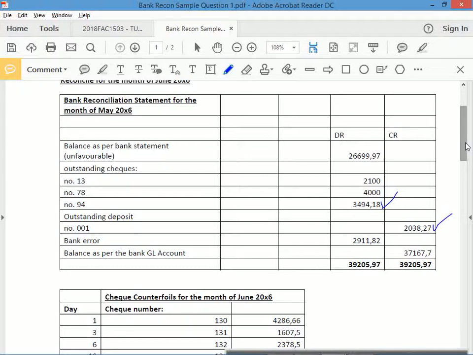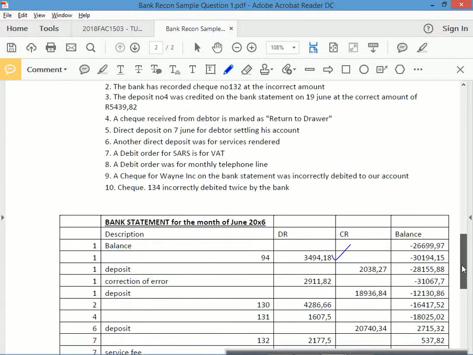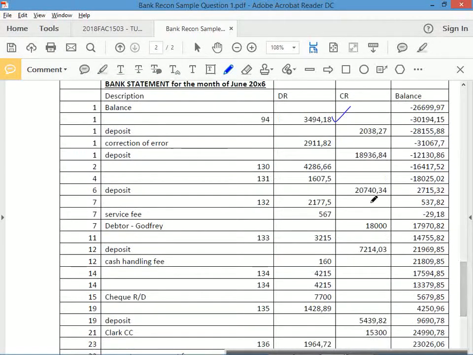It's outstanding. So you did that in May and you made a note of it. Now June's statement comes and you see, on the 1st of June, there's my deposit. So now, do your books and the bank's books reconcile? Yes, perfectly. They've got it, you've got it, everybody's happy.